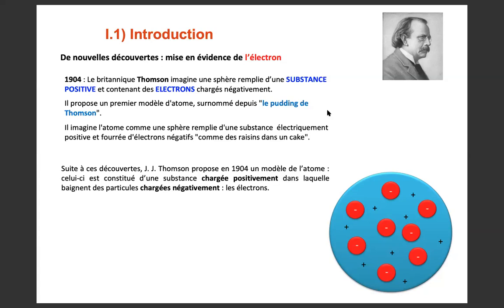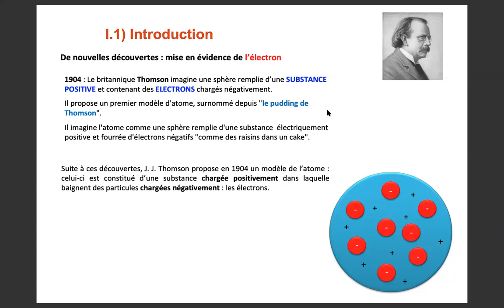So J.J. Thomson, in the year 1904, finally discovered that an atom has a negatively charged particle. Because it has a negative charge, it's automatic that it's going to have a positive charge.